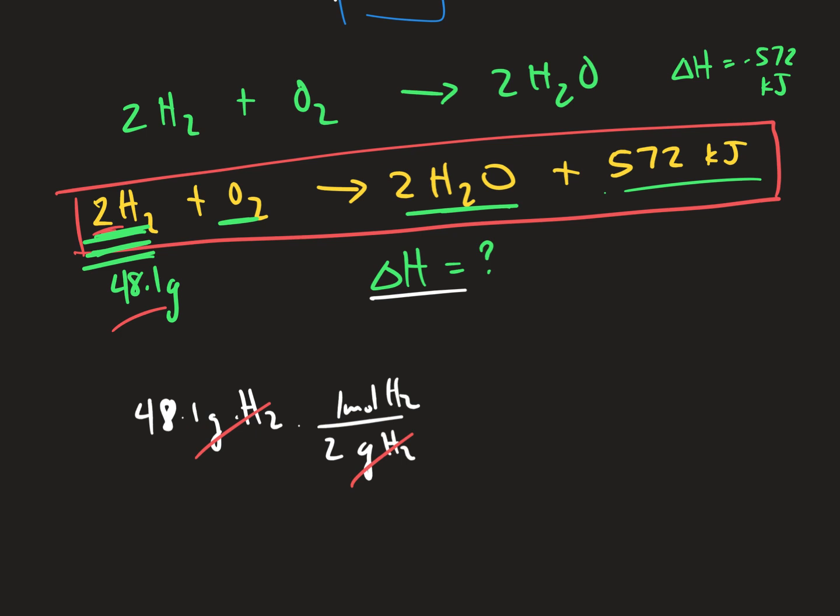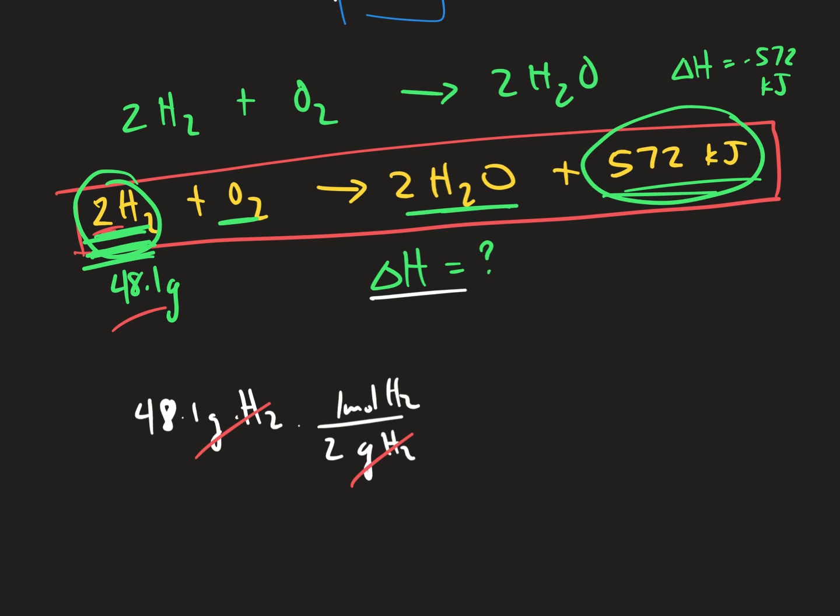Does that make sense? Questions? Because if we burn 2 moles of hydrogen gas, it releases 572 kilojoules of heat. Okay? So our ratio is 2 moles for every 572.